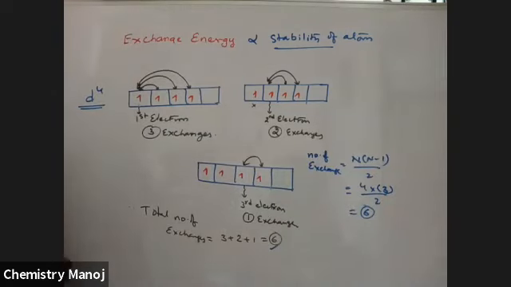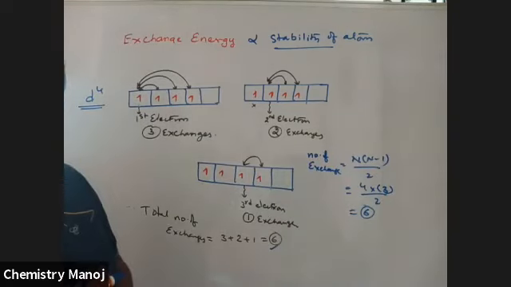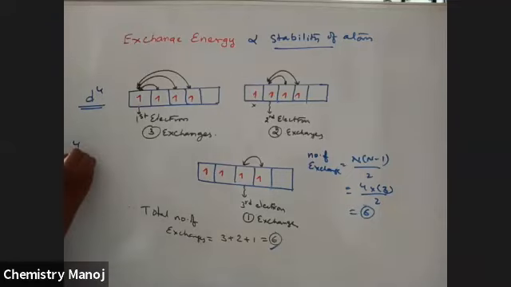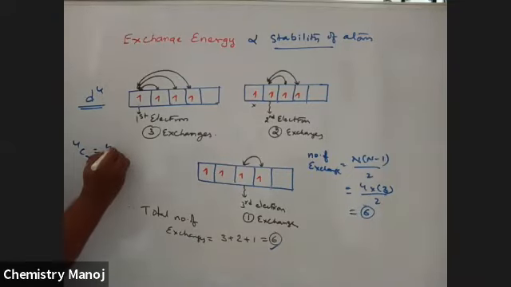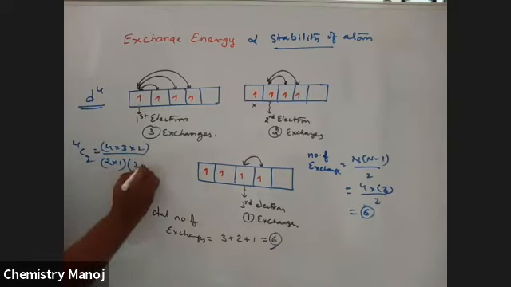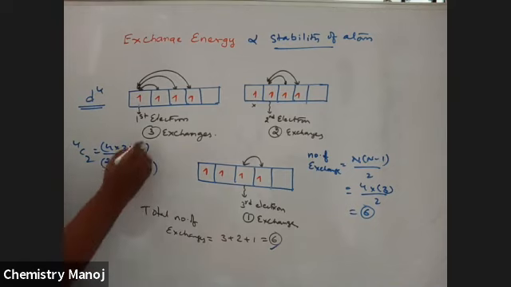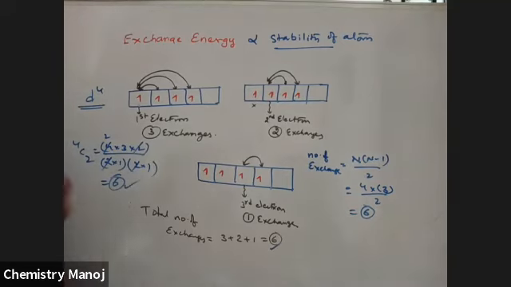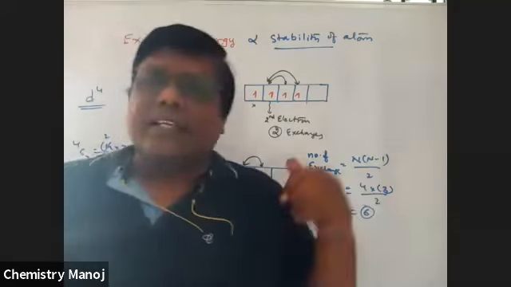Or by the nC2 formula, that is 4C2. That is 4 factorial by 2 factorial into 4 minus 2 factorial. The 2 cancels, and 2 times over is 6. So that is how we find the number of exchanges.